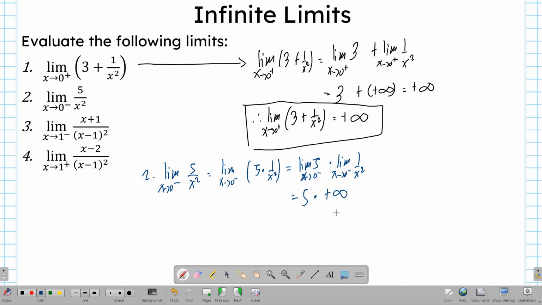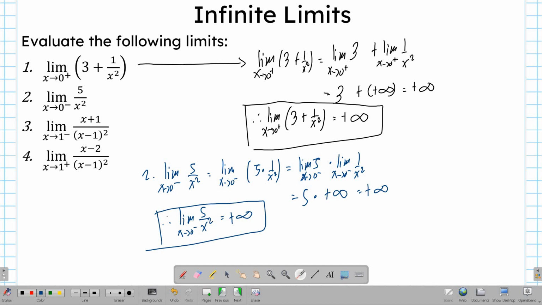And multiplying 5 to very large numbers also just tends to increase without bound. So this is still equal to positive infinity. Therefore, the limit of 5 over x squared as x approaches 0 from the left would be equal to positive infinity. There is a different treatment when it comes to numbers 3 and 4.